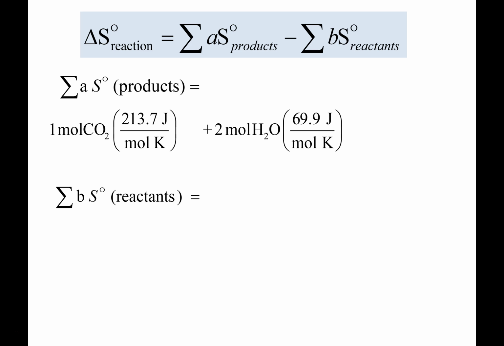Then we also produced 2 moles of H2O, and the entropy for H2O is 69.9 joules per mole Kelvin. We knock that out, and that leaves us with 353.5 joules per Kelvin.